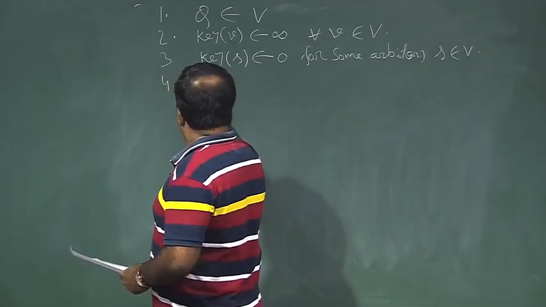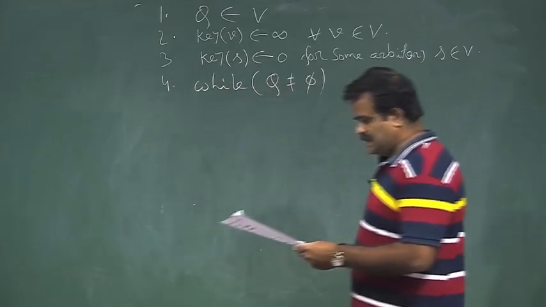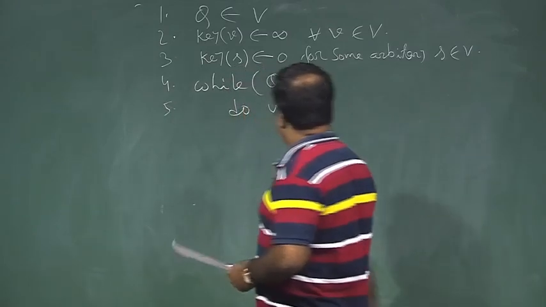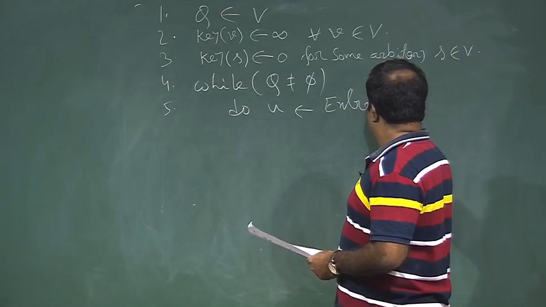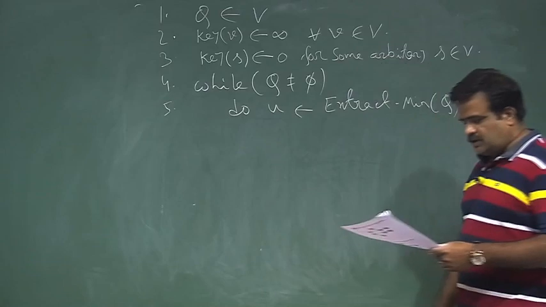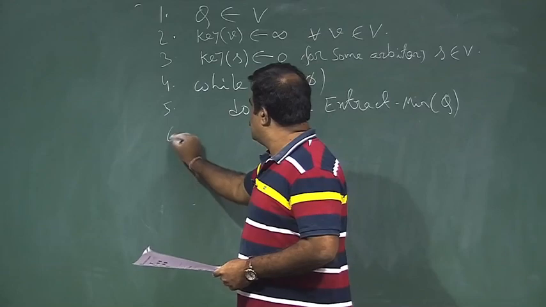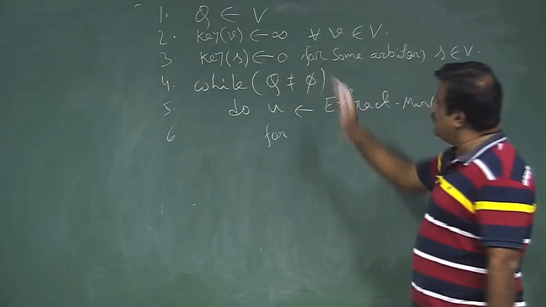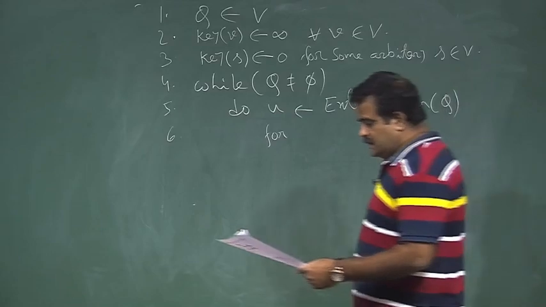Then, while Q is not empty, so obviously Q is not empty initially, we just extract the minimum from this Q. After extracting the minimum, we update the key value of the vertices which are adjacent to this u.